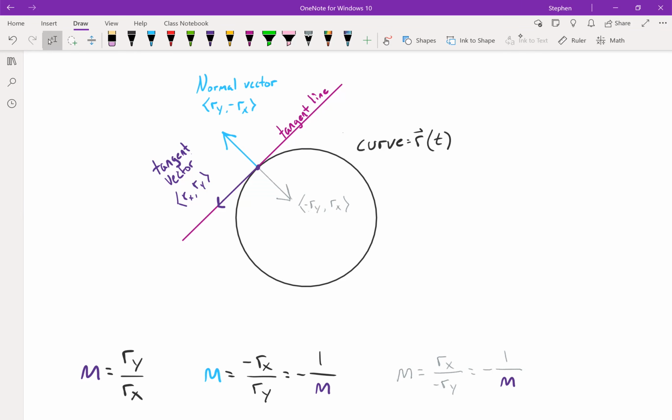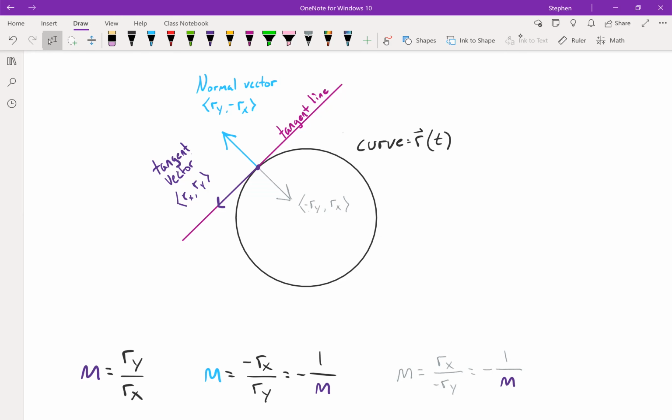And if I calculate the slope of that blue normal vector, I get negative x derivative over y derivative, which is the same as negative 1 over the slope of the tangent vector, which is the property that we get with perpendicular slopes, right? Perpendicular slopes are always opposite reciprocals of one another.